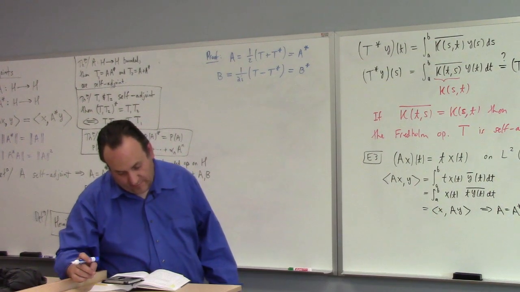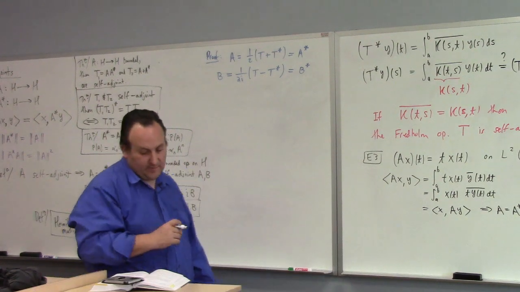What's the norm of a self-adjoint operator on a Hilbert space?